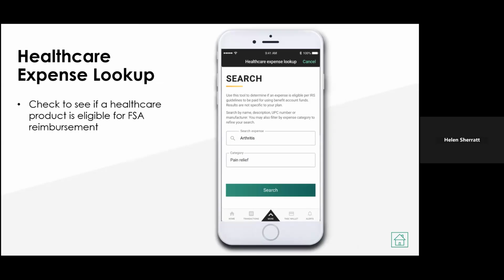We didn't have that technology before, but we've had it for a while now, and that's very helpful as well. I know for me, my lettering is pretty large on my app, so I tend to use the barcode. My type is too high. So that's a really good one. If you're not sure if something's eligible, that will tell you right then and there before you try to purchase it.